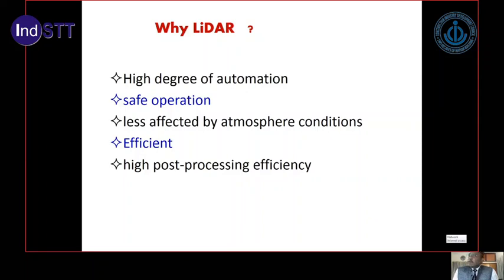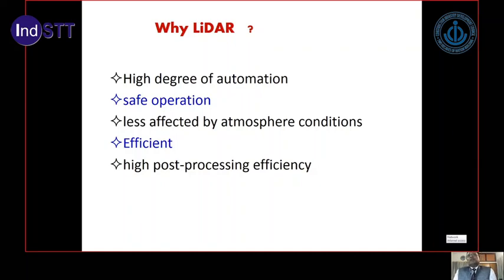It is safe operation. It is less affected by atmospheric conditions like fog, haze or rain. Sometimes we don't use surveying equipment. It is very efficient, and we can achieve very high post-processing efficiency from this.